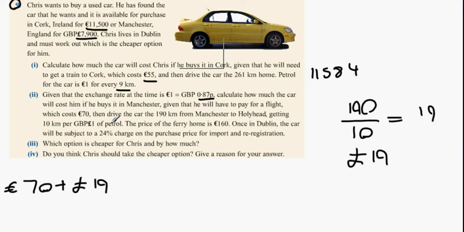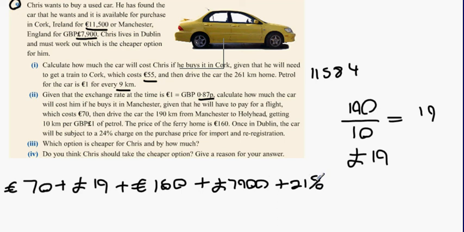Then the ferry home is €160, and then he has to pay £7,900 sterling, and then you have to add on 24% of £7,900 sterling, because there's a charge on the purchase price for import and re-registration.